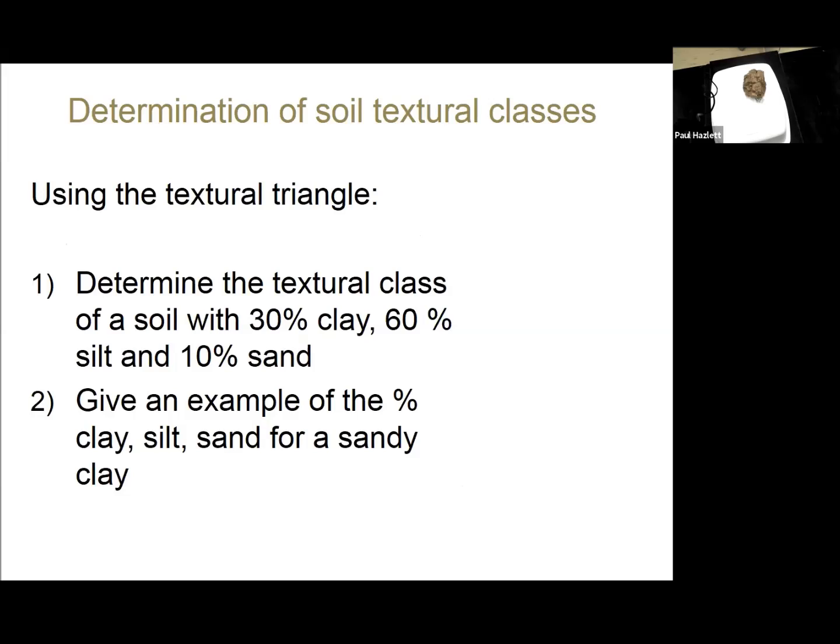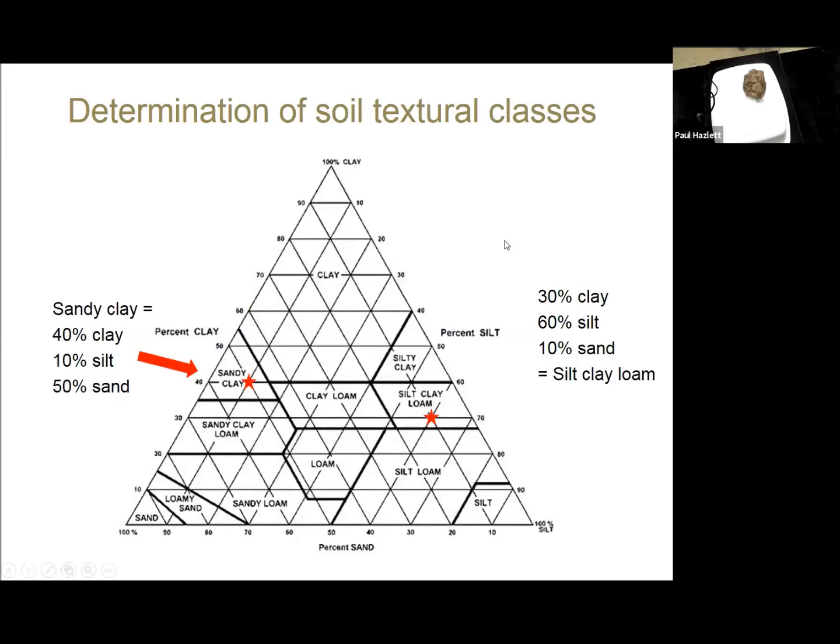Conversely, I could give you the name of a specific textural class, and then you could give me an example of the percentage of sand, silt, and clay that would make up that textural class. So just looking straight at the textural triangle and looking at the examples that I've given on the page before.